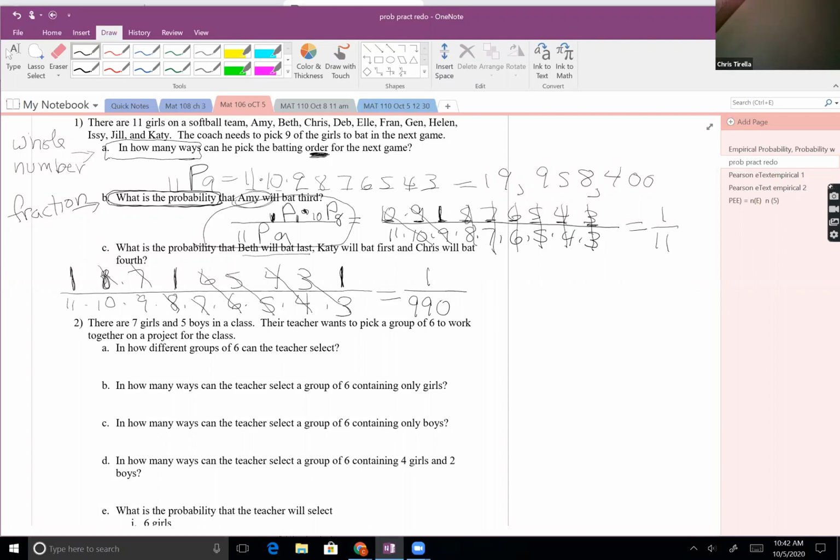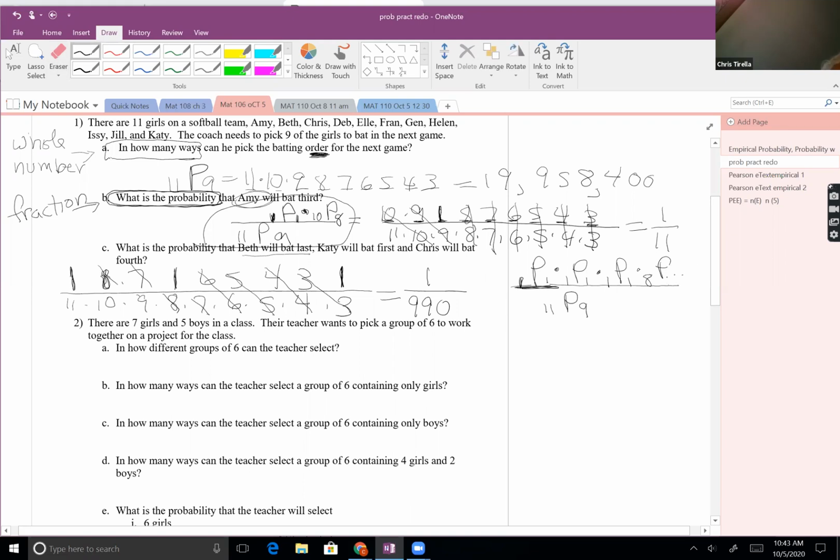If I were to try to do that the other way, the permutation way, in the denominator, we already said we have 11P9. In the numerator, we have 1 Beth, 1P1, and 1 Katie, 1P1, and 1 Chris, 1P1, leaving us with 8 other players to fill in the 6 remaining spots.